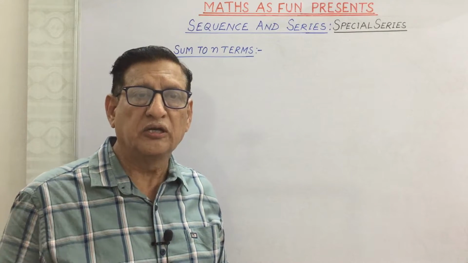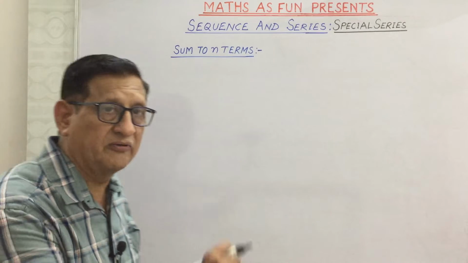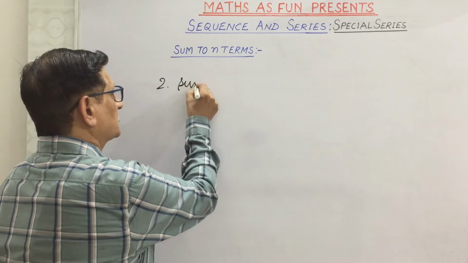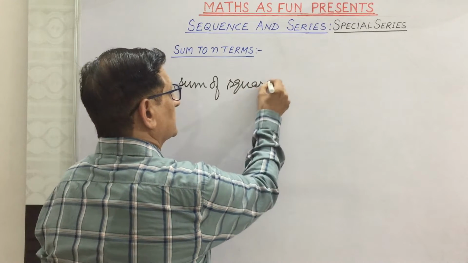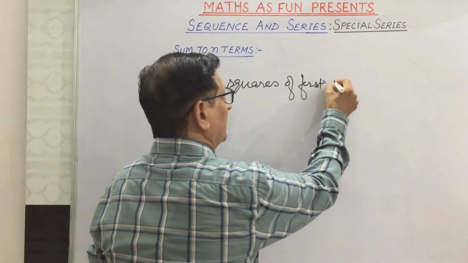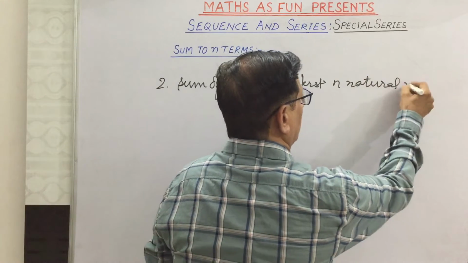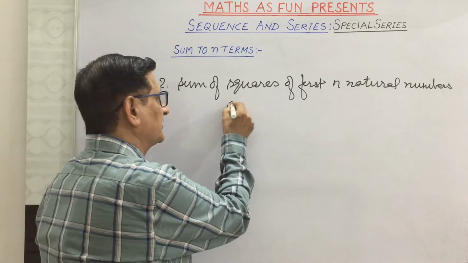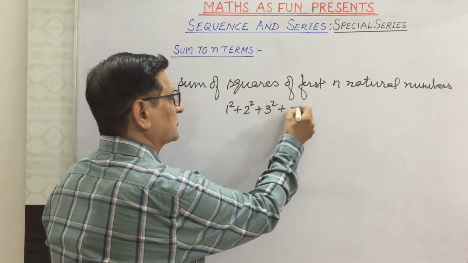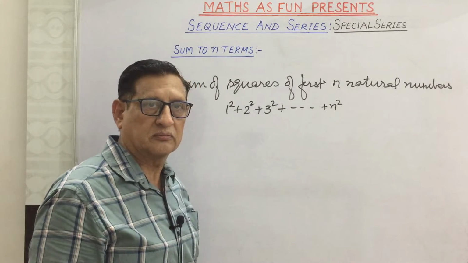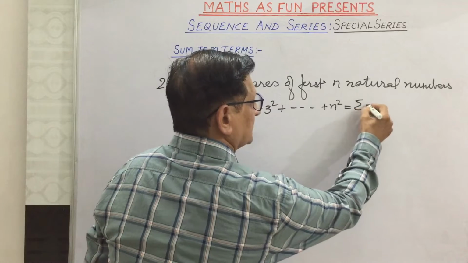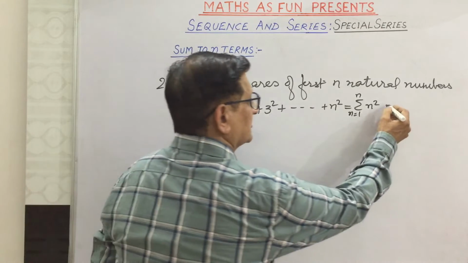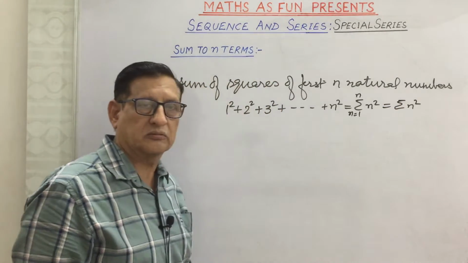The second series, in case of natural numbers, we have the sum of squares of first n natural numbers, that we know is 1 square plus 2 square plus 3 square plus n square, and this is represented by sigma n square when n is from 1 to n. We can also represent it simply by sigma n square.